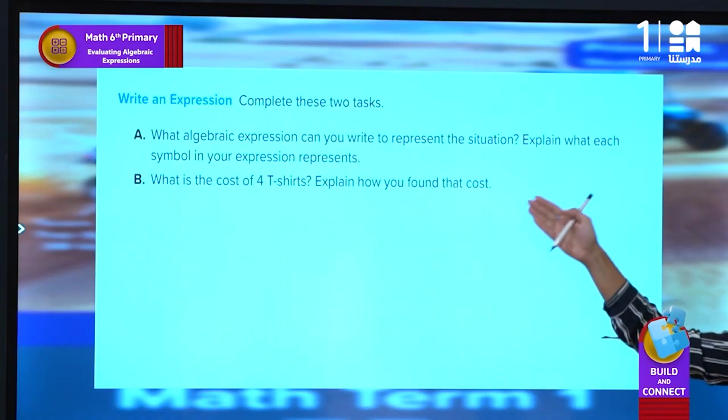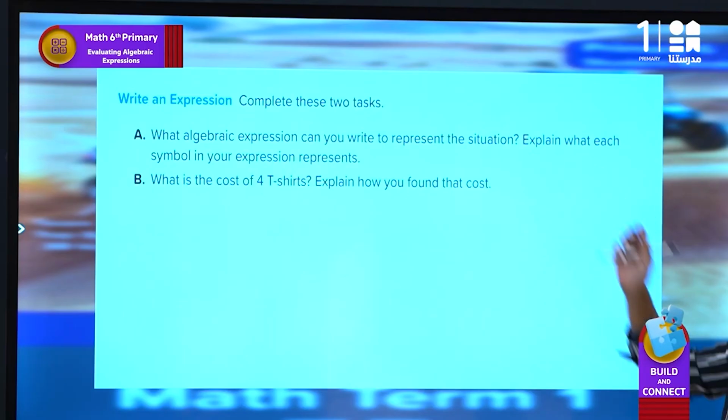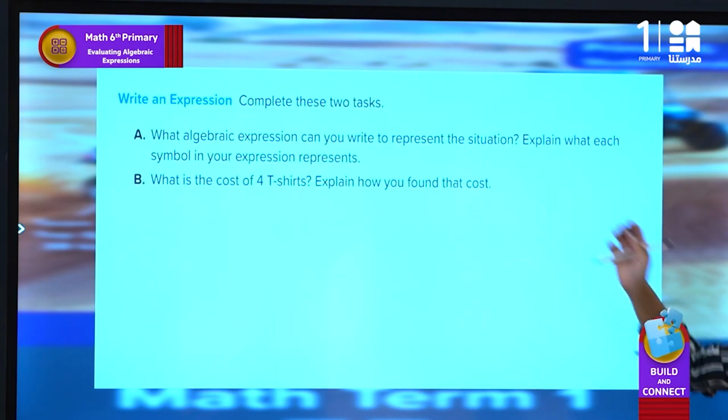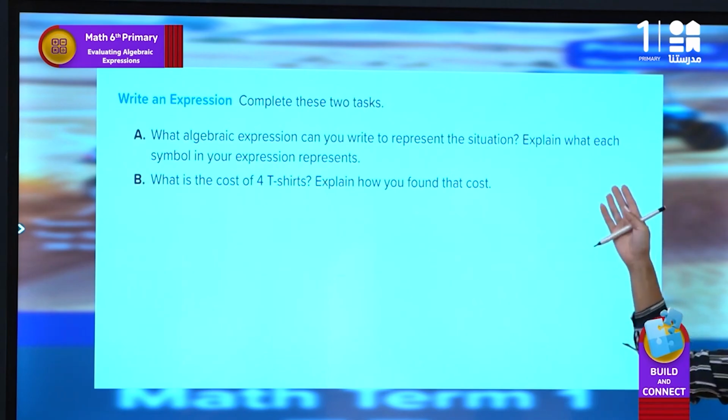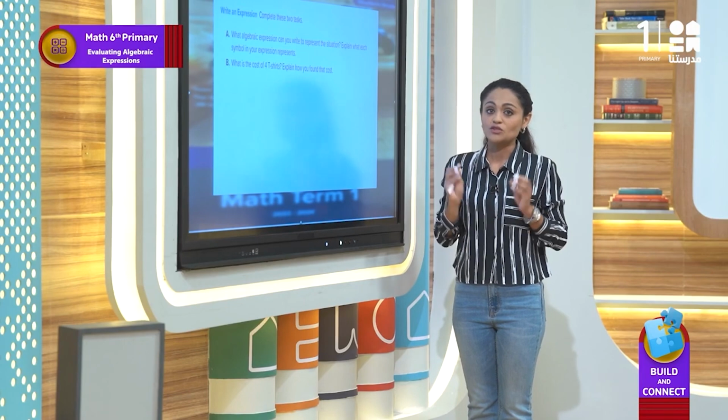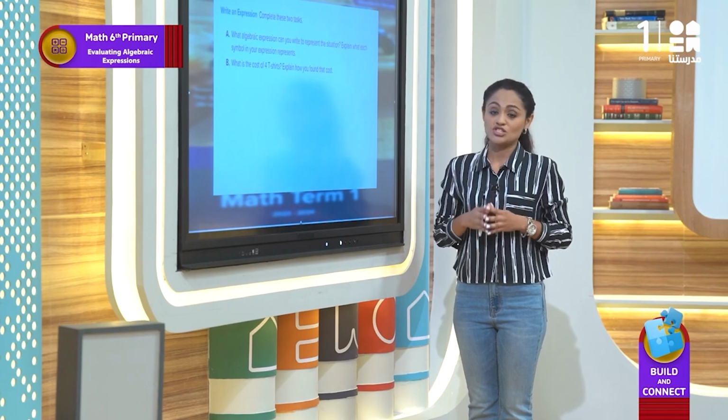There are two questions. Question 1, what algebraic expression can we write to represent that situation? Explain what each symbol in your expression represents. I'll give you time to think of the answer to question 1.